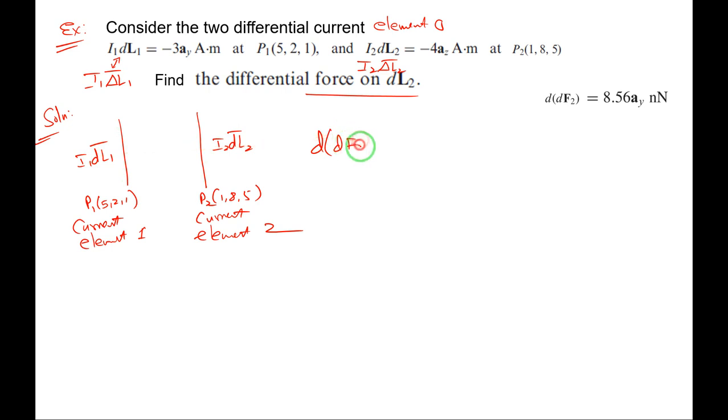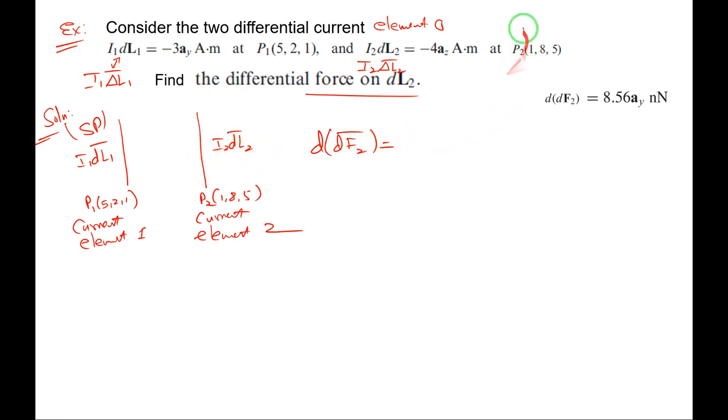You should be very careful whether you are finding dF1 or dF2. The differential force acting on current element 2 due to current element 1, which is the source point, because the source of the magnetic field is current element 1. When this current element is placed in the magnetic field of current element 1, we want to find out the force experienced by current element 2.